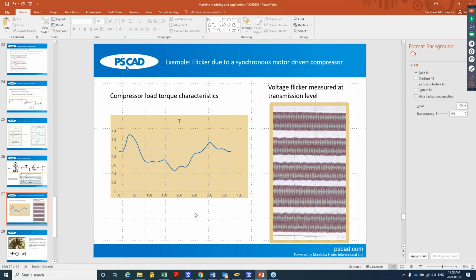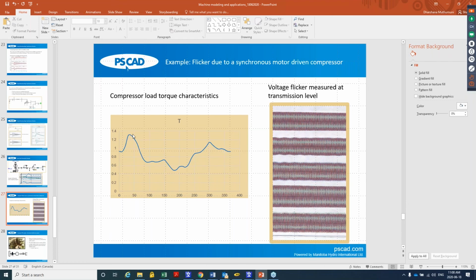The compressor load characteristics change over a rotation compression cycle. When you compress, you need a lot of current and a lot of torque, but as you come out of compression, you don't need as much current or torque.